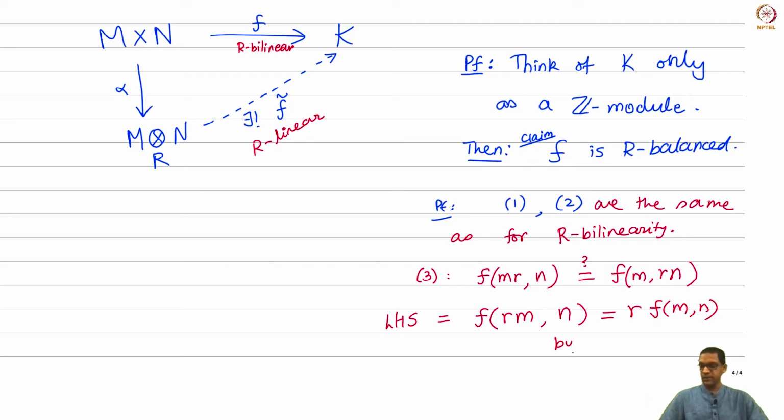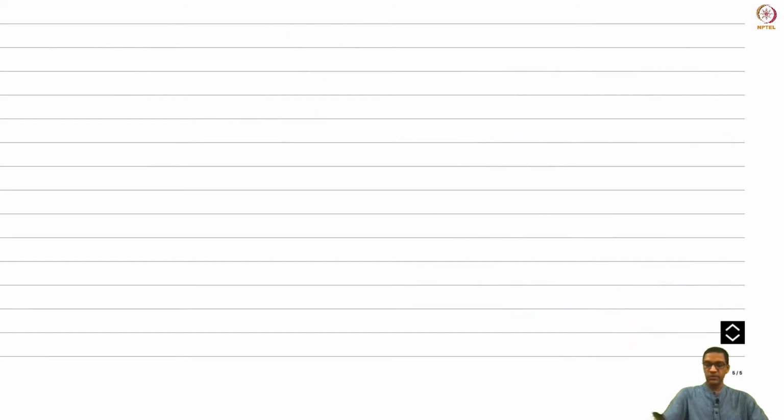So the last step is because f is bilinear, by R bilinearity of f. Now let's compute the right hand side similarly. The right hand side is f of m comma rn, but then by bilinearity I know that I can pull the R out.